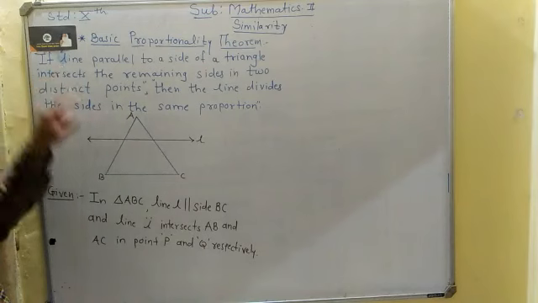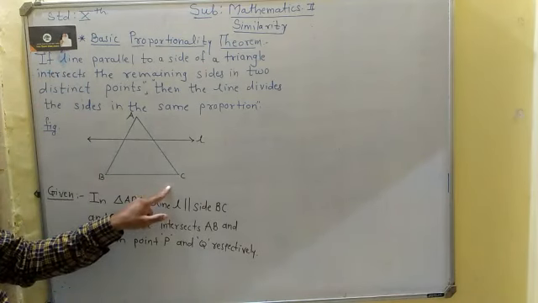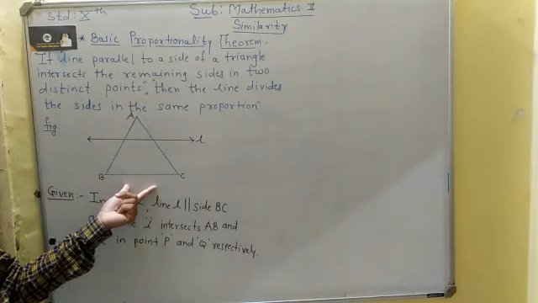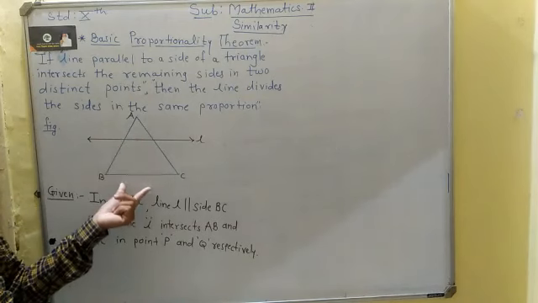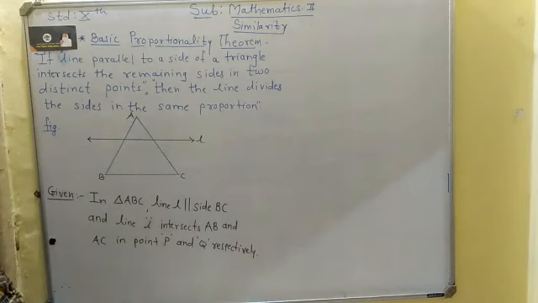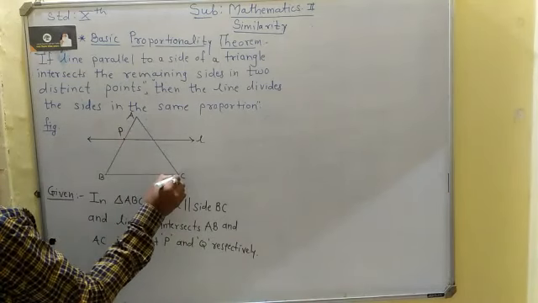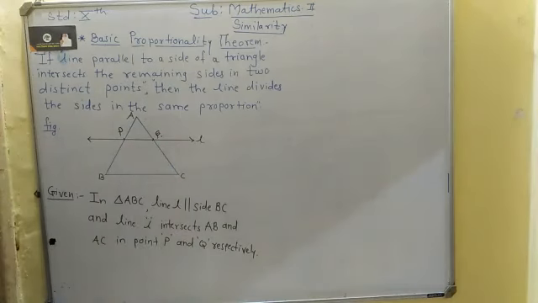After if and before then, that is the given part of the statement. Given a triangle, we construct triangle ABC and a line parallel to a side. That means we construct the line L parallel to side BC. The line L intersects side AB at point P and side AC at point Q respectively.